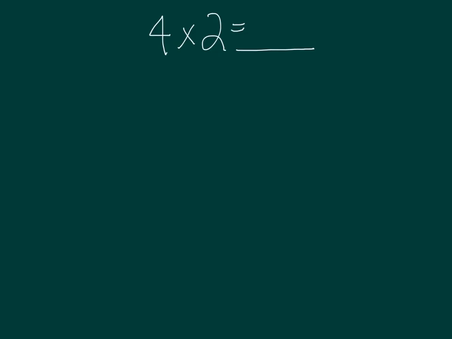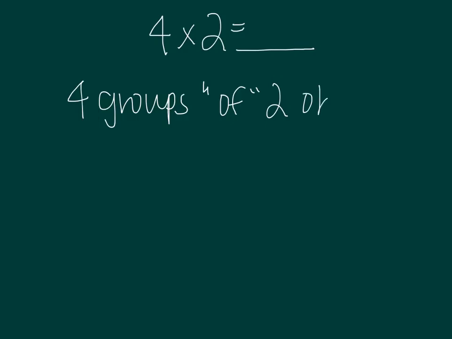So the first method would have us say that 4 times 2 actually means that I have 4 groups of 2 objects. So let's say the objects are apples.